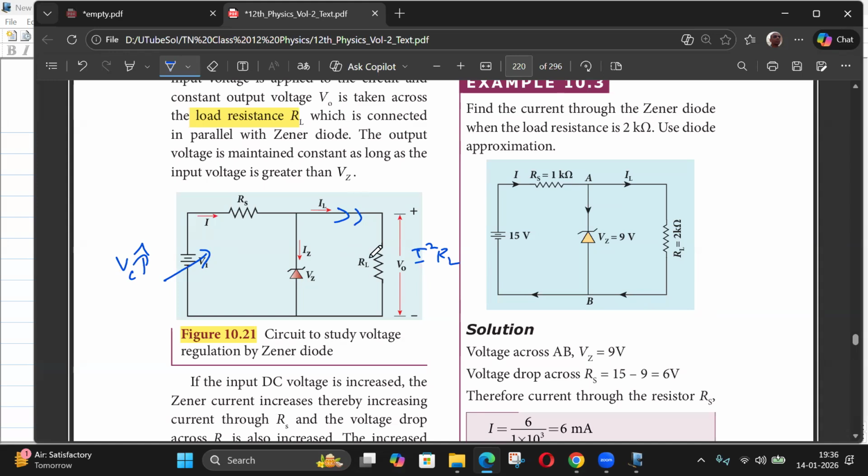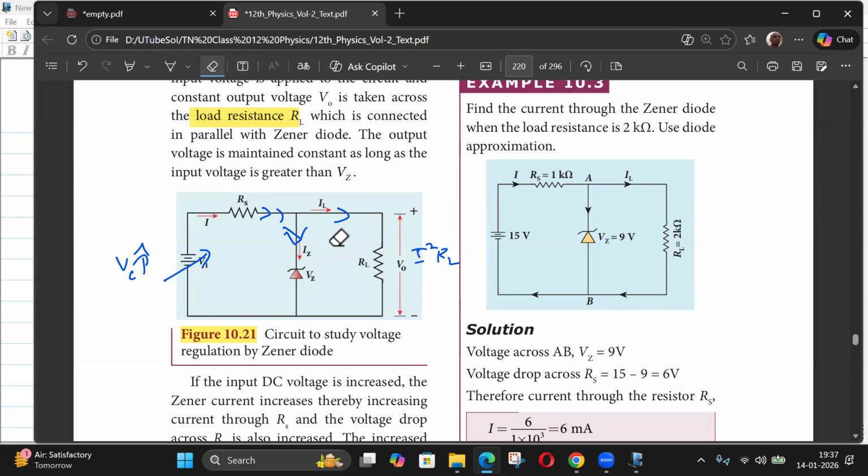This could be any appliance, whatever appliance you have in your home. To protect this one, when this current is increasing because of this increase in the voltage, suppose this thing absorbs a large amount of current, then this current will be reduced. Then this voltage will be stabilized.